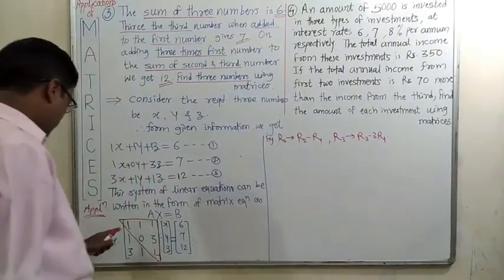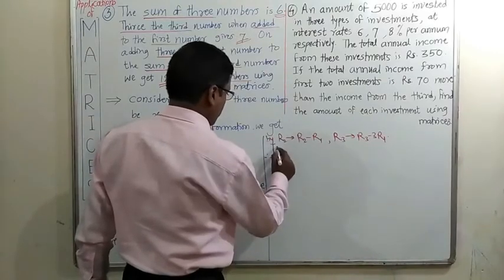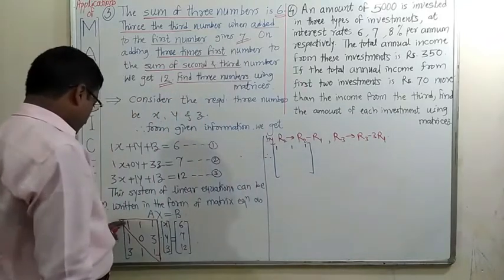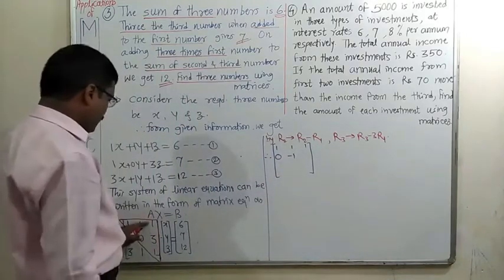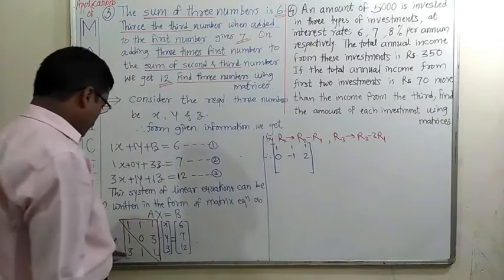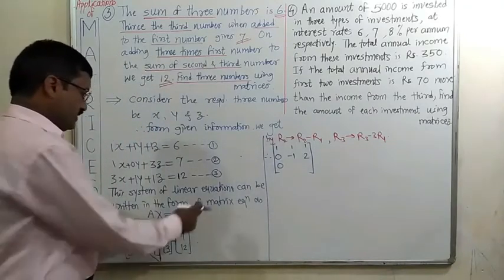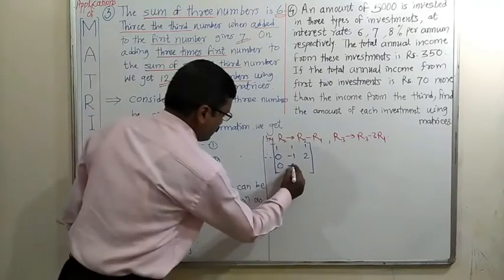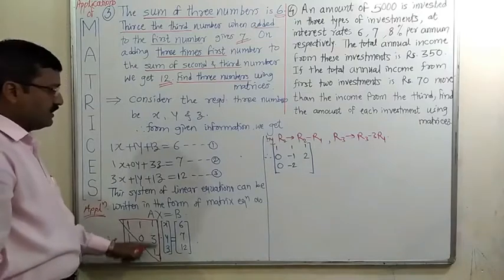So we get here, first row remains unchanged, 1, 1, 1. Second row, 1 minus 1 is 0, 0 minus 1 is minus 1, and 3 minus 1 is 2. Here 3 minus 3 is 0, 1 minus 3 times 1, that is 1 minus 3 is minus 2, and 1 again, same, 1.